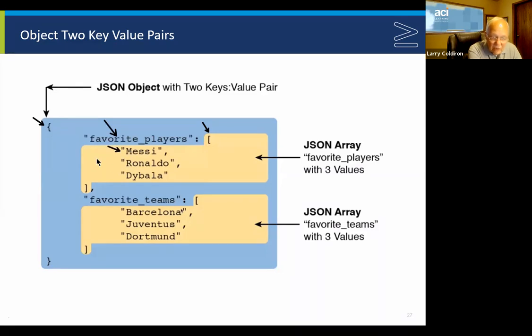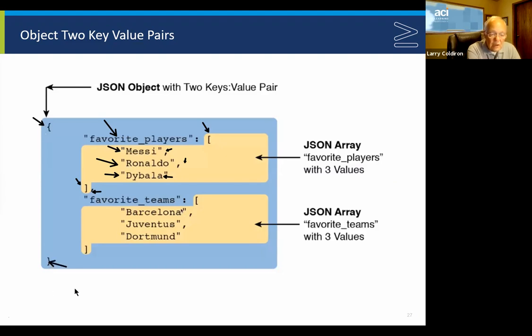We're going to have three values that go with this particular key, separated by commas until we get to the last one. No comma here, but after the array we have the comma, favorite players, the next key value, and then favorite teams. Same sort of arrangement.